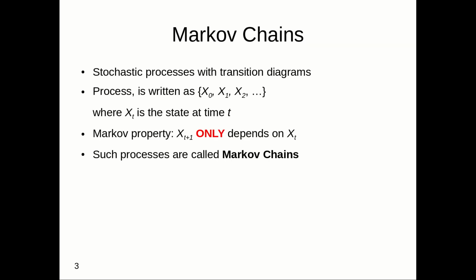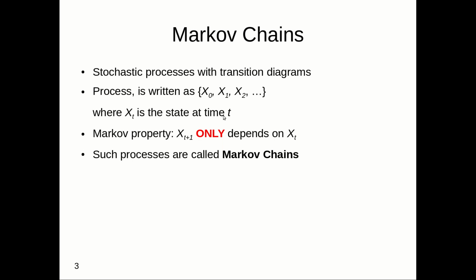So, what is a Markov chain? A Markov chain is a stochastic process with transition diagrams. In general, the process is written as x0, x1, x2, where xt is the state at time t.